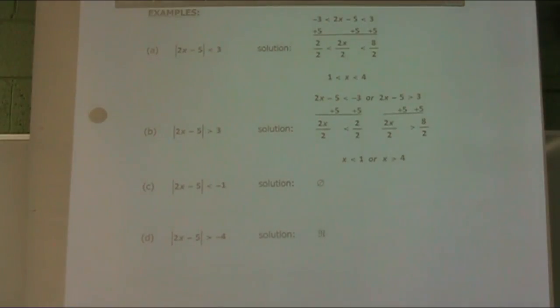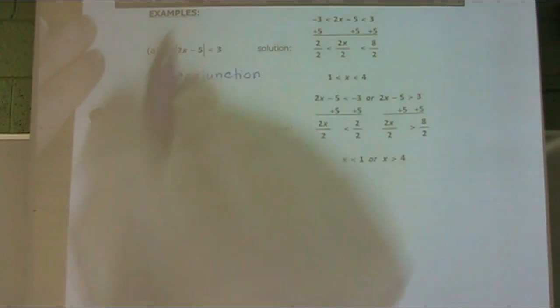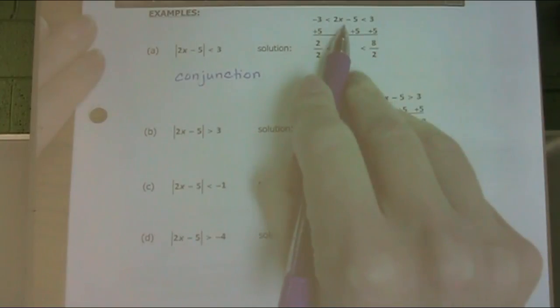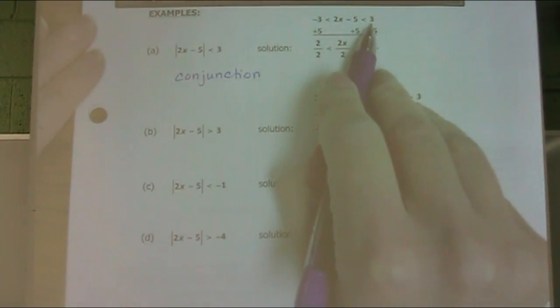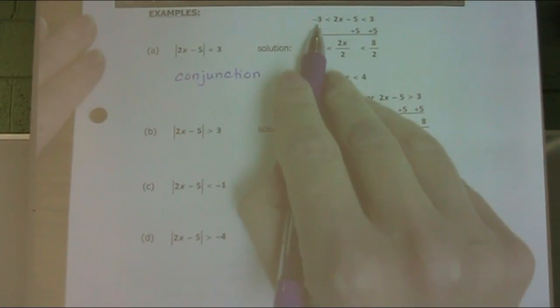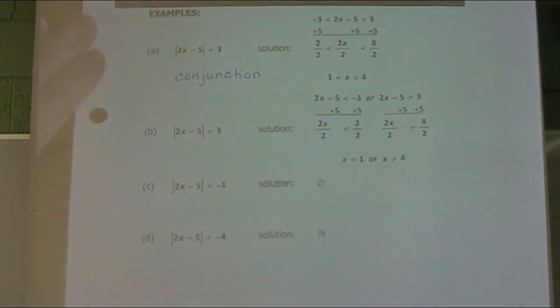So this is going to be a conjunction. And here's how you're going to set it up. You're going to put the 2x minus 5 in the middle. You're going to put that positive 3 over here on the right. You're going to put the negative of it, negative 3, on the left, and you're going to have two less thans. So you're going to make a conjunction.